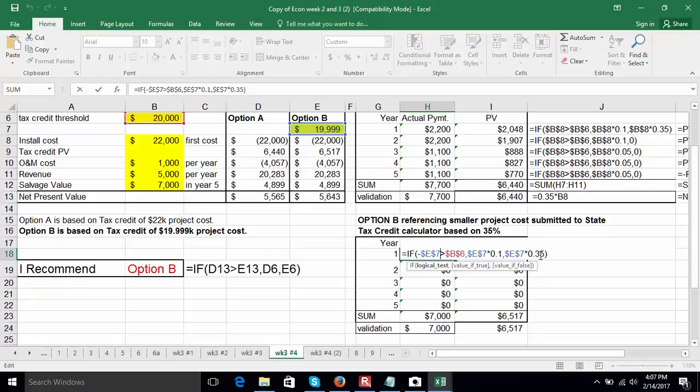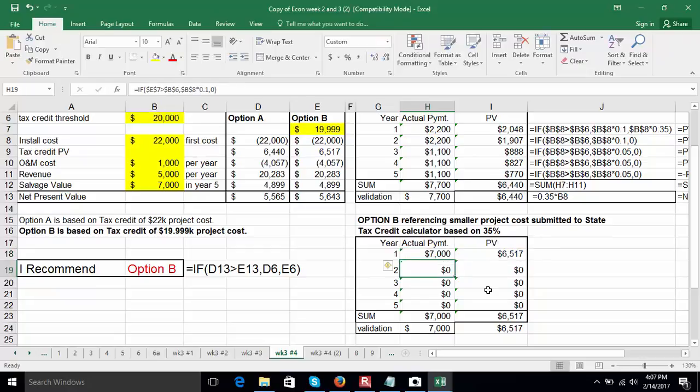Otherwise, use the 0.35. And the point is, you're always going to use that 0.35 in option B. And I guess you can see why this would be handier from a utilities point of view, because if you've got a small project, they say, we'll just pay you a small amount at the end. But if it's a big project, let's take care of our debt earlier.